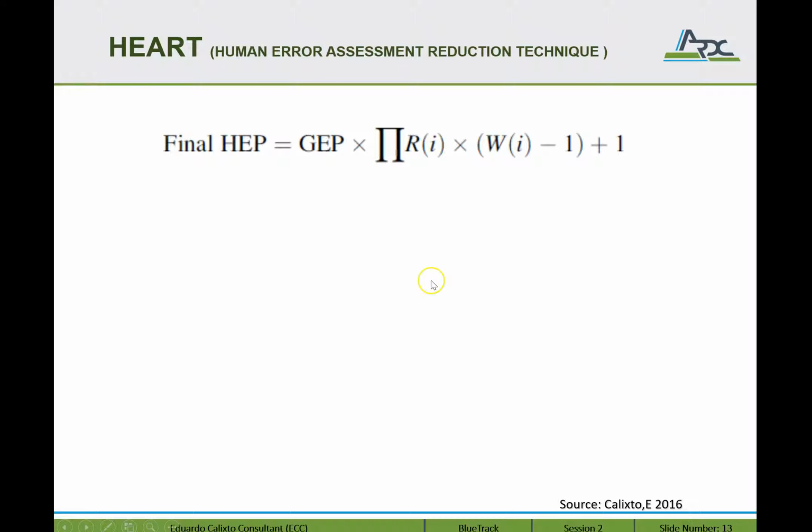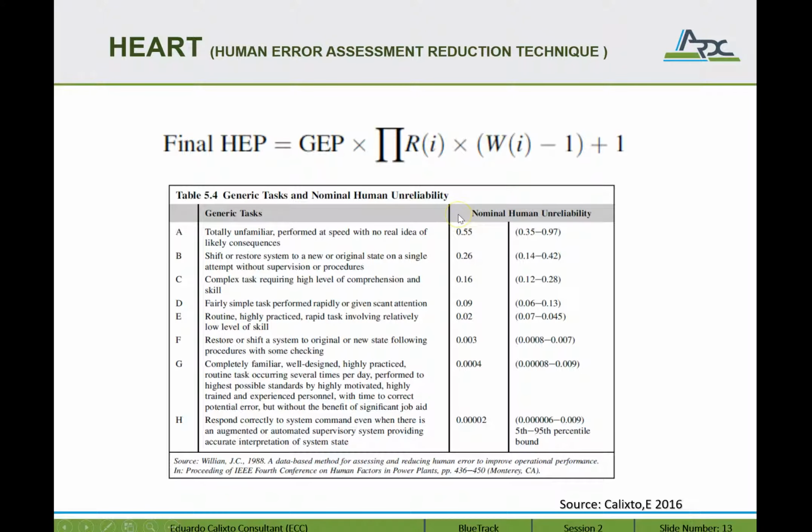So let's take a look at how to predict this information. The first one, we have generic tasks. This table 5.4 here shows, based on this procedure, generic tasks, and all we need to do is, for each one of the tasks, look at which one is similar to what is described here and choose one of these probabilities.